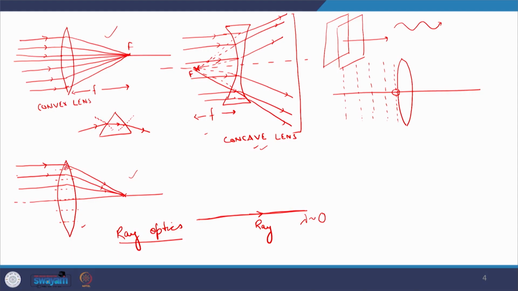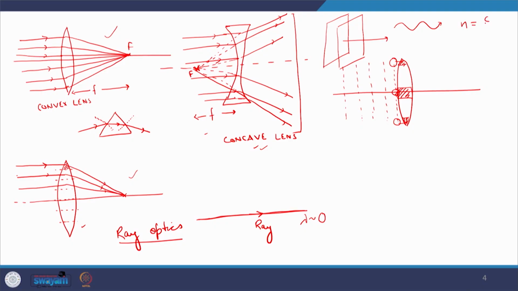And then the central portion of the wave front will start traveling within the lens medium, while the extremities of the wave front will see the medium of the lens a bit later. In addition, the central portion of the lens is thicker as compared to the extremities. Okay, and this is why the central portion of the wave front will see more lens material as compared to the wings or edges of the wave front.